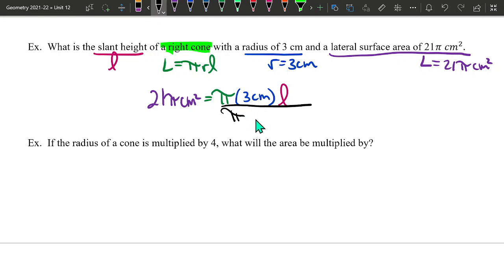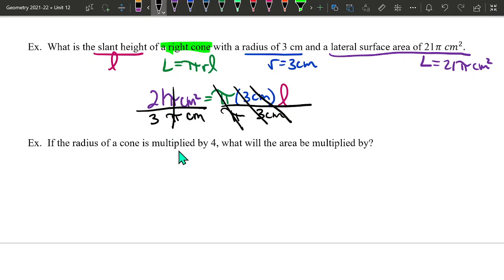I need to get rid of this 3 centimeters, so I'm going to divide by 3 centimeters. So the pi's cancel, the 3's cancel, and the centimeters cancel. But as always, if I do it on one side, I have to do it on the other side also. So look at the bottom, everything I have down there: I have a pi, I'm going to line that up underneath the other pi. I have a 3, I'm going to line that up underneath the other number. And I have centimeters, so I'm going to put that under the other centimeters.